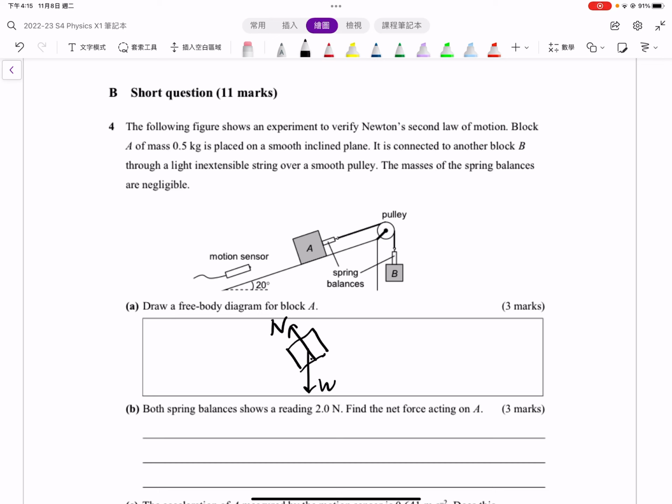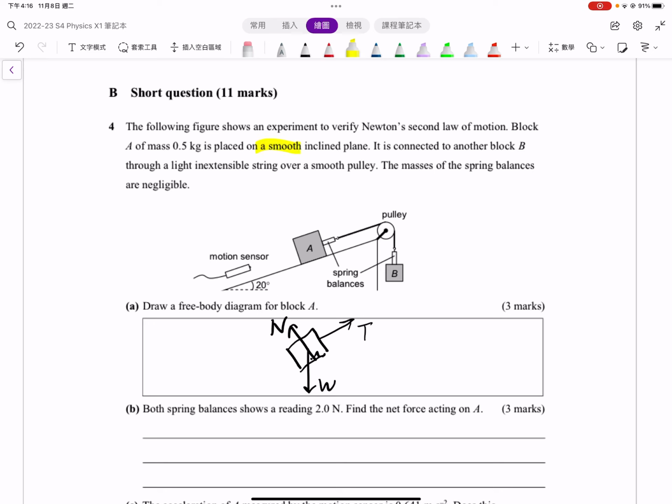And the normal force should be perpendicular to the contact surface. And the force that is pulling it upward, the name of it is tension. Some of you only named it as F. Remember, if you are not using the common symbol for those forces, you have to write down the full name of the forces.